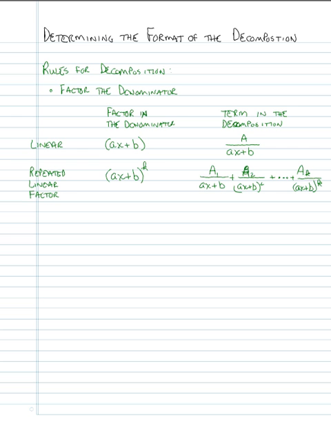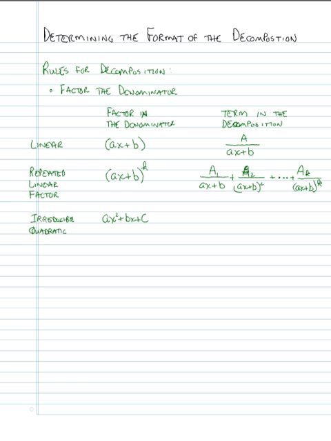Okay. Well, sometimes we have a factor in the denominator of the form ax squared plus bx plus c that we call an irreducible quadratic. Now, what irreducible quadratic means, from pre-calculus, we learned that every polynomial can be factored into linear factors. But sometimes to do that, we have to use irrational numbers like square roots, or we have to use complex numbers that involve i.